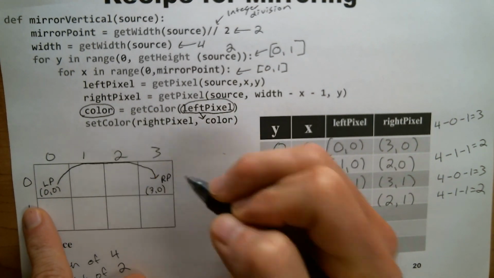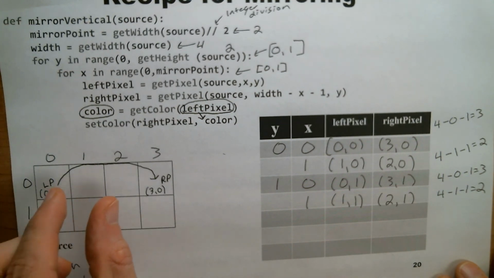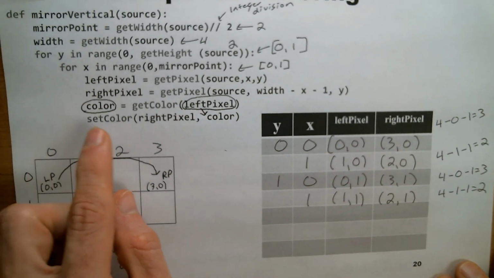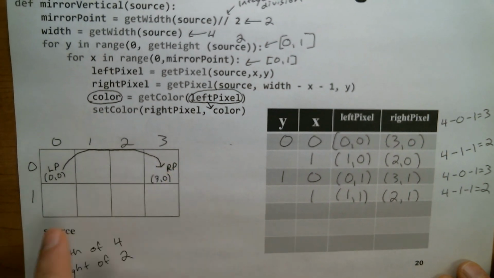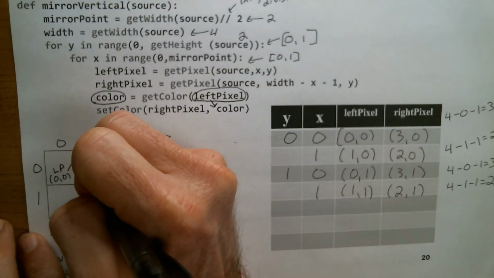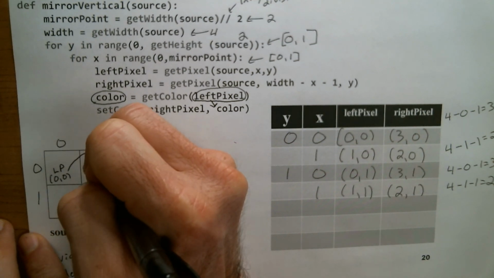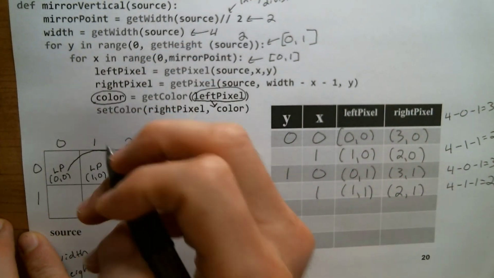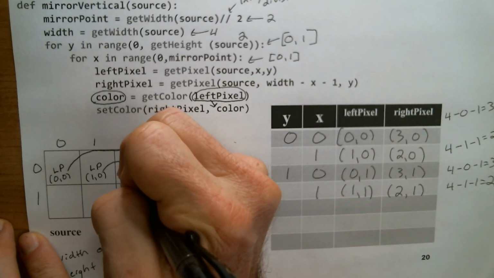This was our right pixel. So what this code is doing is taking this color and copying it over to this spot right here. Then left pixel becomes 1, 0, and it gets copied over to 2, 0.